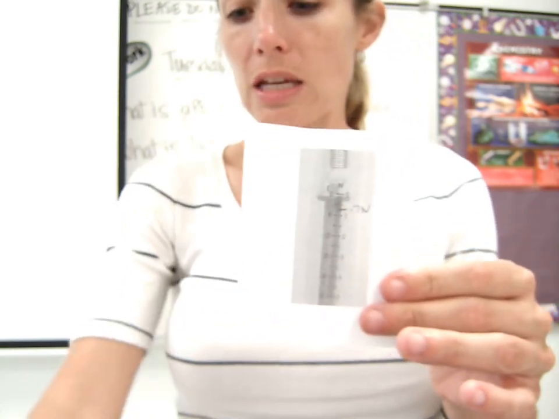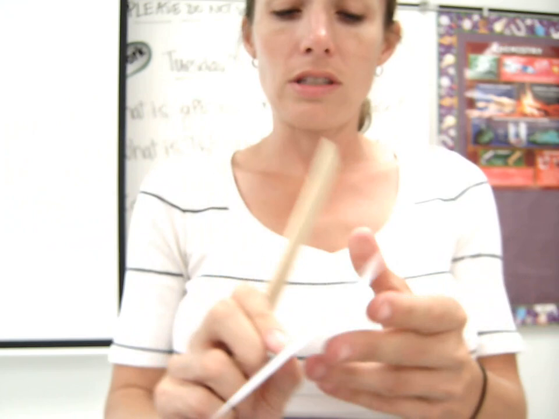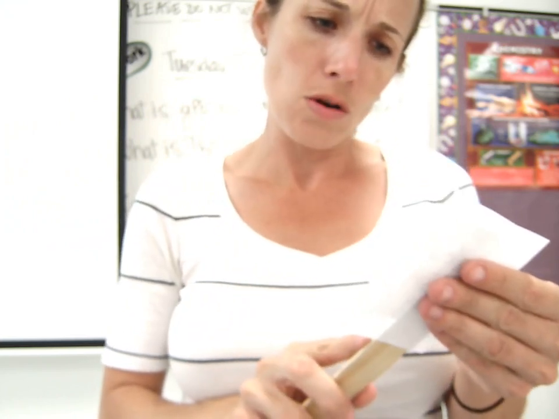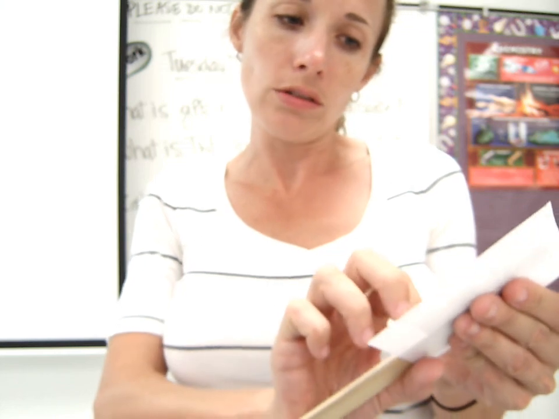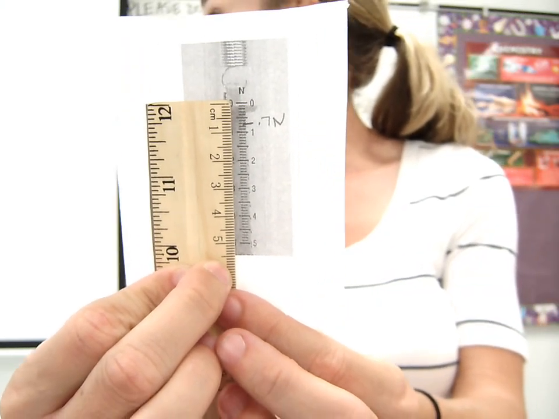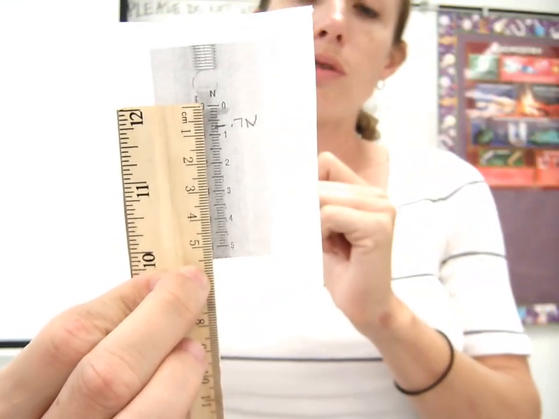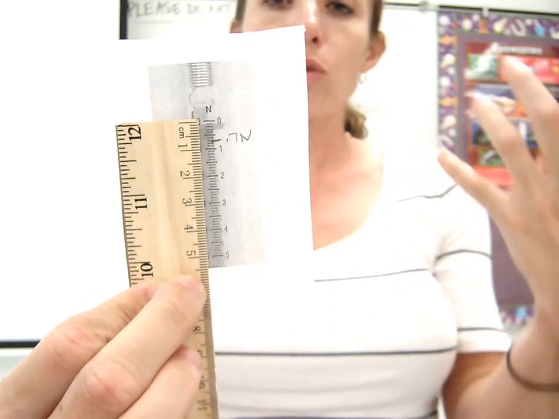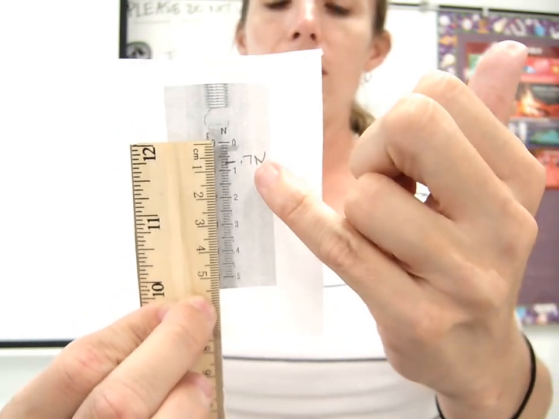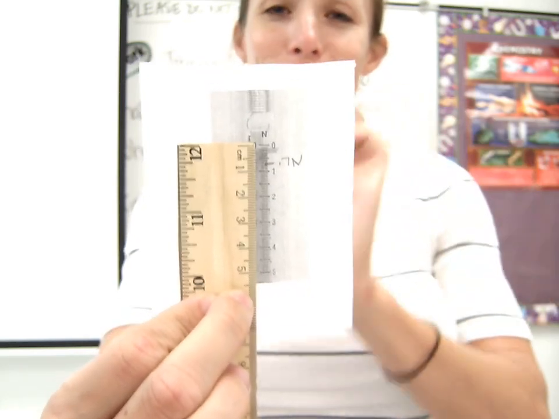Now what I would do is take my centimeter ruler and line up the 0 on the centimeter ruler with the 0 on the Newton scale. And I would measure how many centimeters the spring had to stretch to accommodate 0.7 newtons of weight. And that's what we're looking at, the relationship between the weight of the object and how many centimeters the spring stretched.